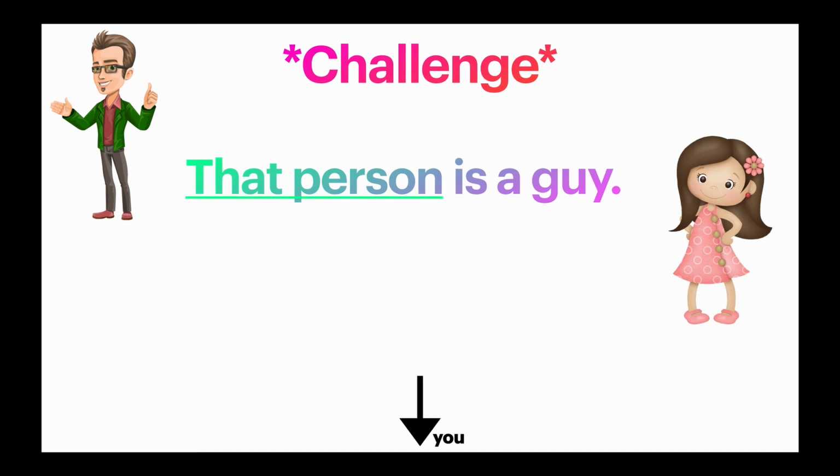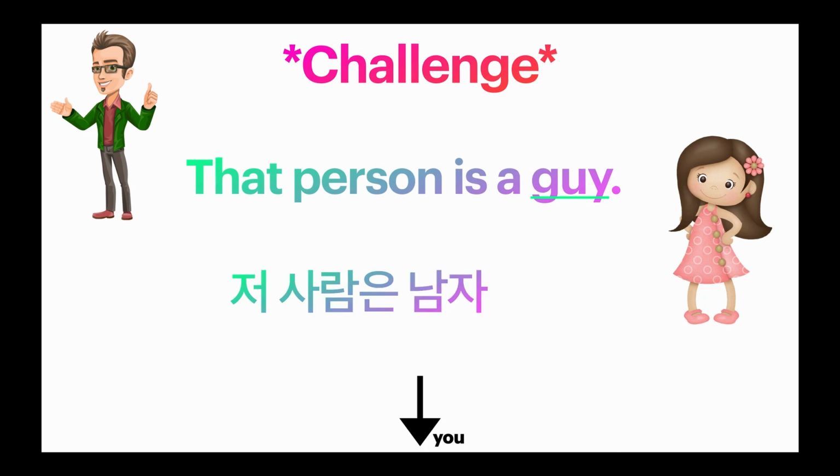Okay, we have that person, 저 사람, plus the topic particle of 은, 저 사람은, guy, 남자, is, 예요, 저 사람은 남자예요. If this particular sentence was hard for you, don't worry about that at all.